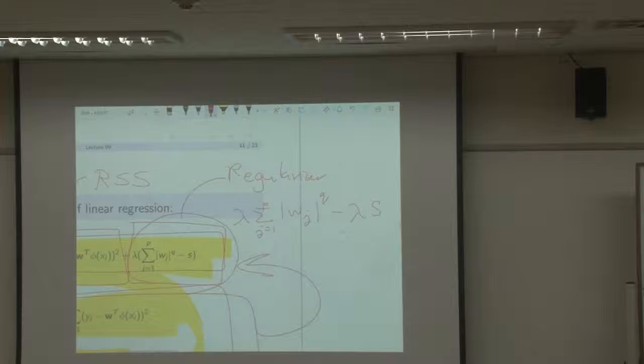And because this is not a function of W, I could throw it away. This term is a regularizer.